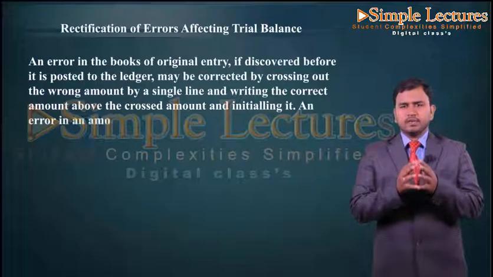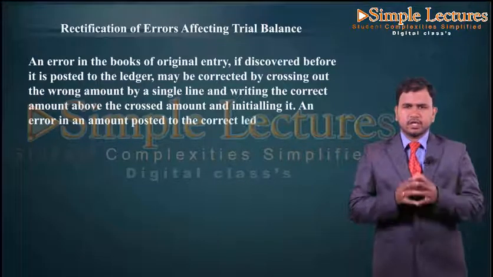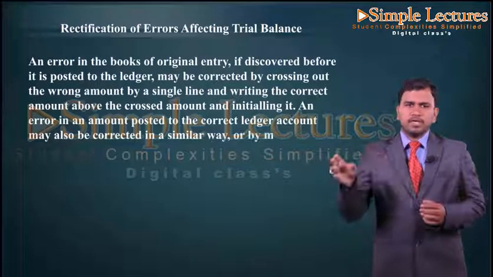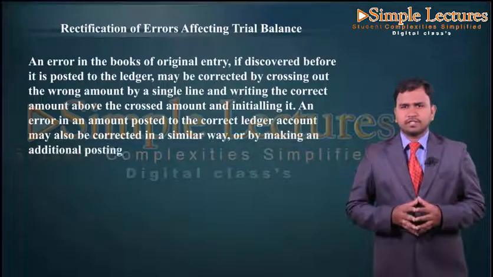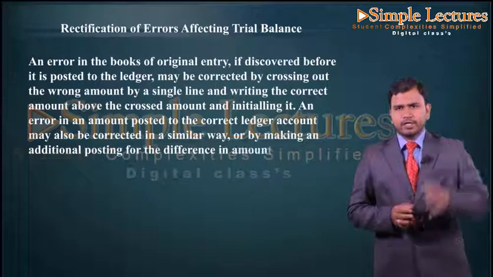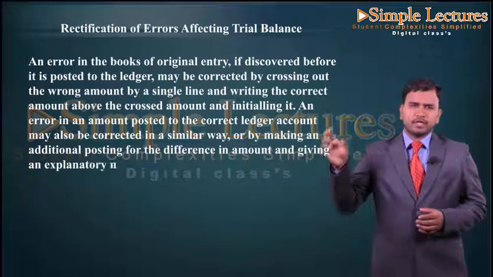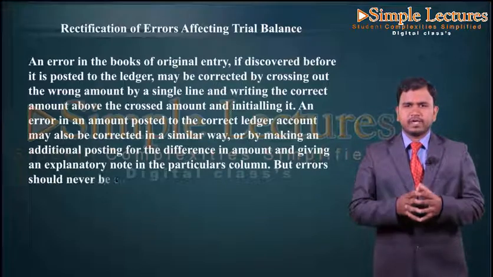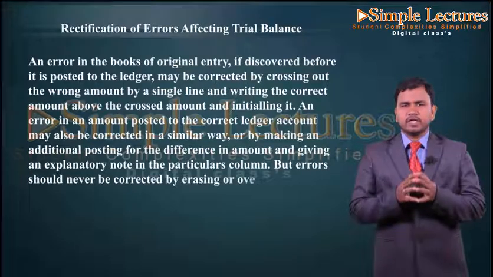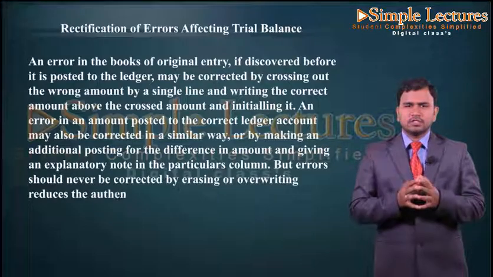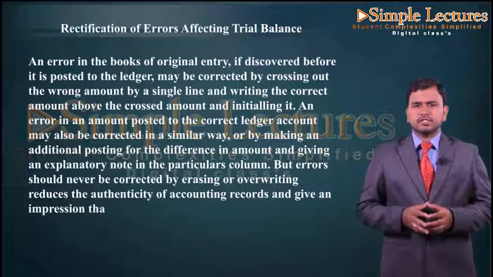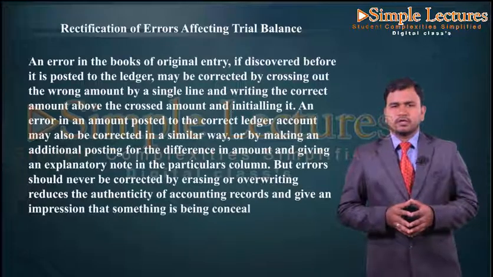An error in an amount posted to the correct ledger account may also be corrected in a similar way, or by making an additional posting of the difference in amount and giving an explanatory note in the particulars column. But errors should never be corrected by erasing or overwriting, as this reduces the authenticity of accounting records and gives an impression that something is being concealed.